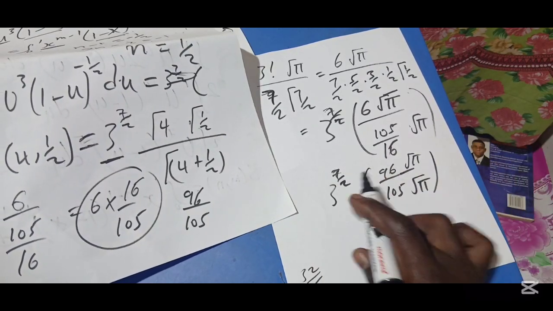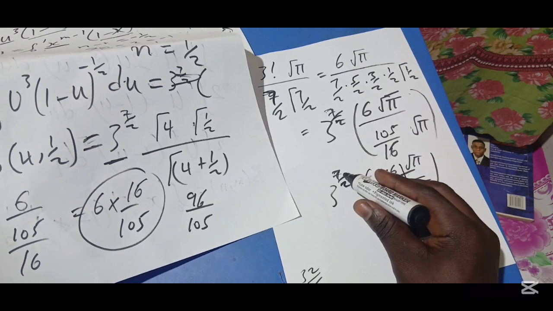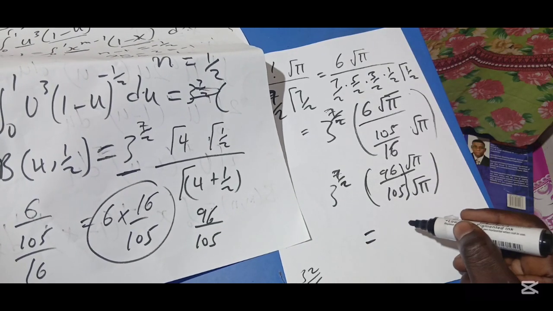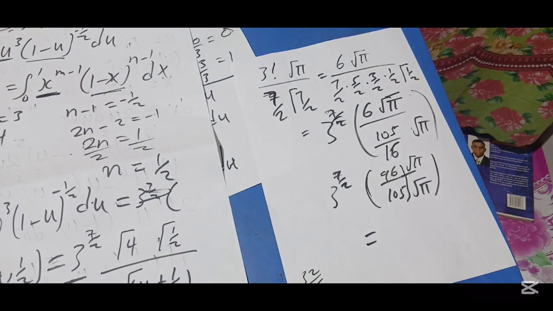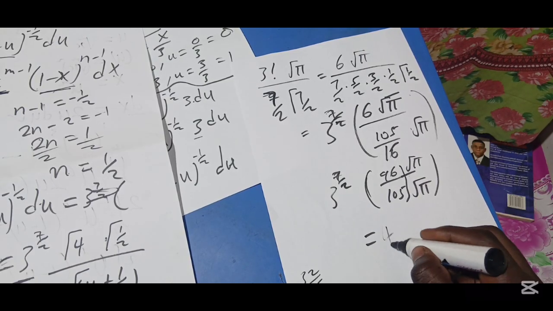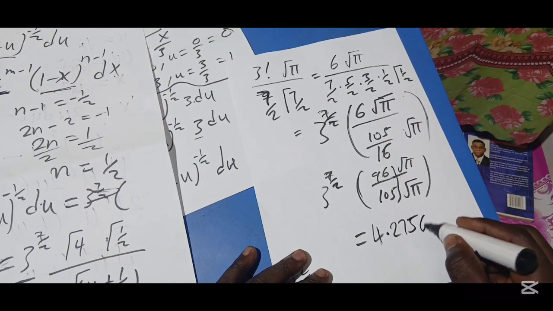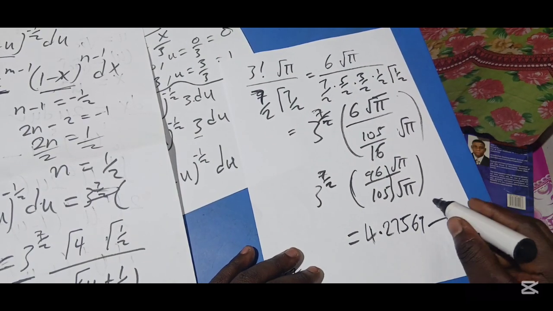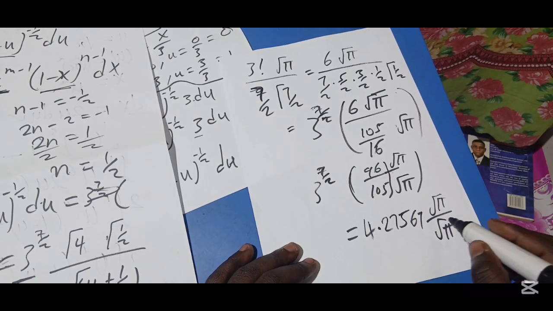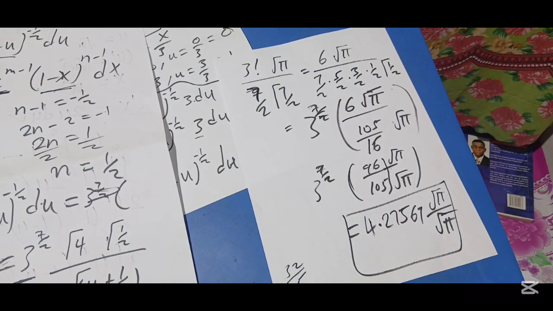If we multiply the numeric expression, 3 to the power 7 on 2 times 96 over 105, you will get the decimal number 4.27569 multiplying square root of pi over square root of pi. So this will be the final answer for this problem.